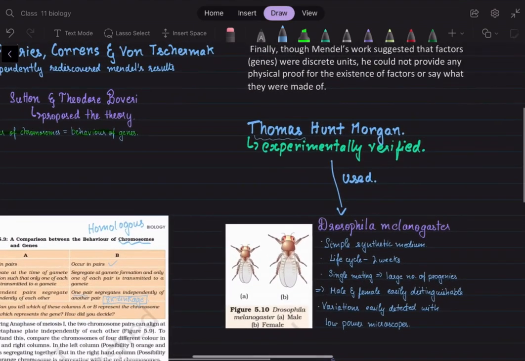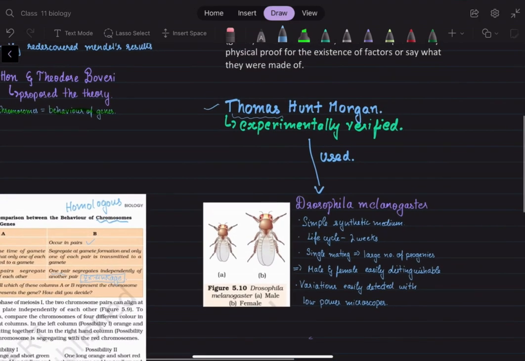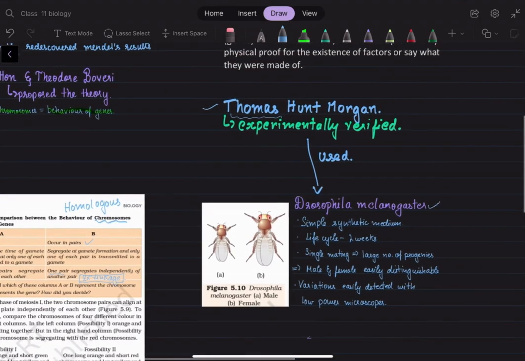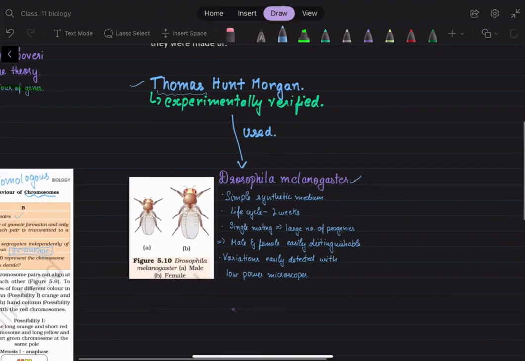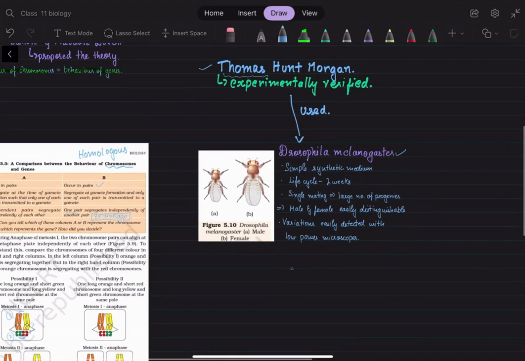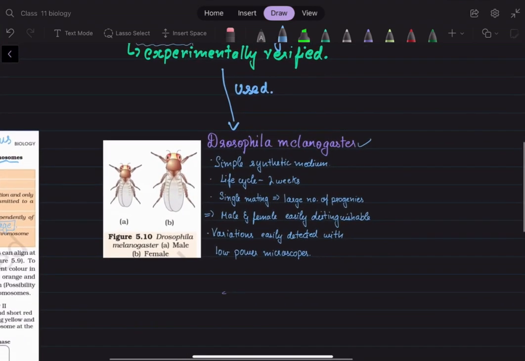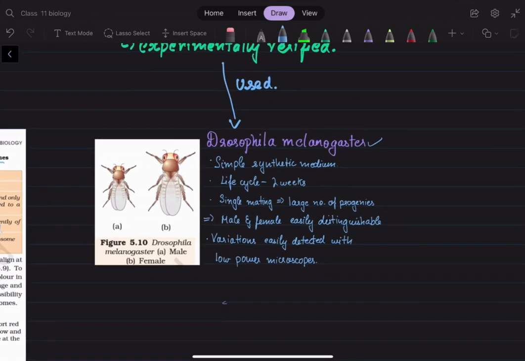So what Thomas Hunt Morgan did was that he experimentally verified all this with the help of Drosophila melanogaster. He used Drosophila melanogaster to perform experiments and thus prove this theory. He chose this because of the following reasons.